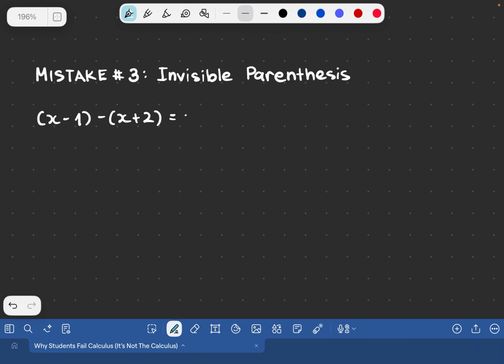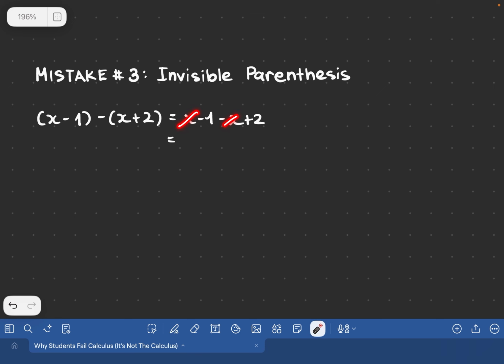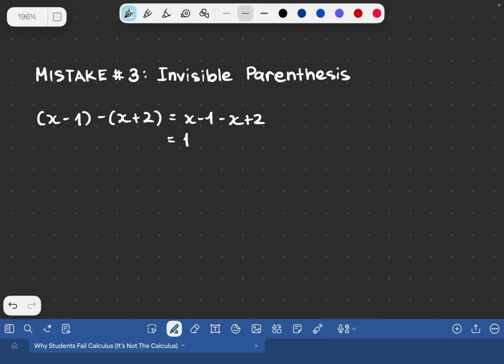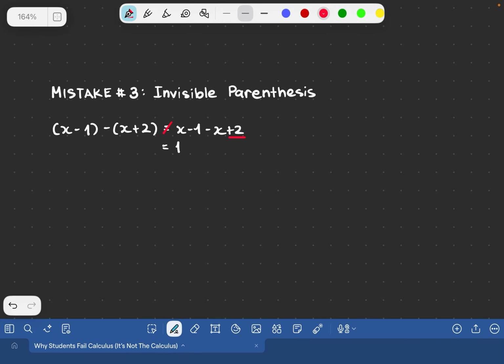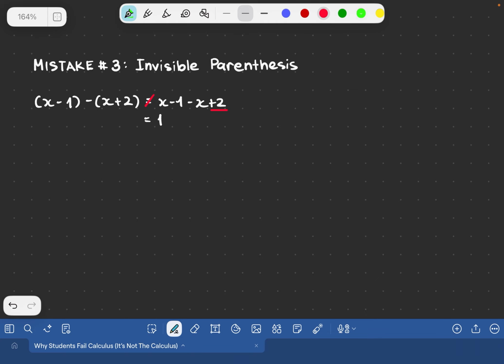This will just yield x minus 1 minus x plus 2. And when you simplify, the x's would cancel out, we'll be left with 1. But take note that this one is absolutely incorrect. And the key error lies in this term, the plus 2 out there.